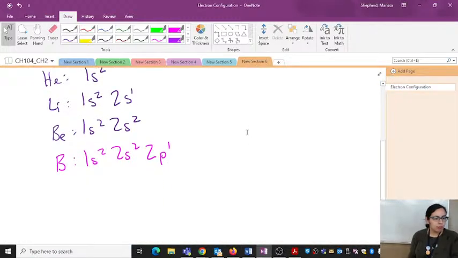So let's do fluorine. What's the electron configuration for fluorine? Looking in the chat, or you can start shouting it out in class.